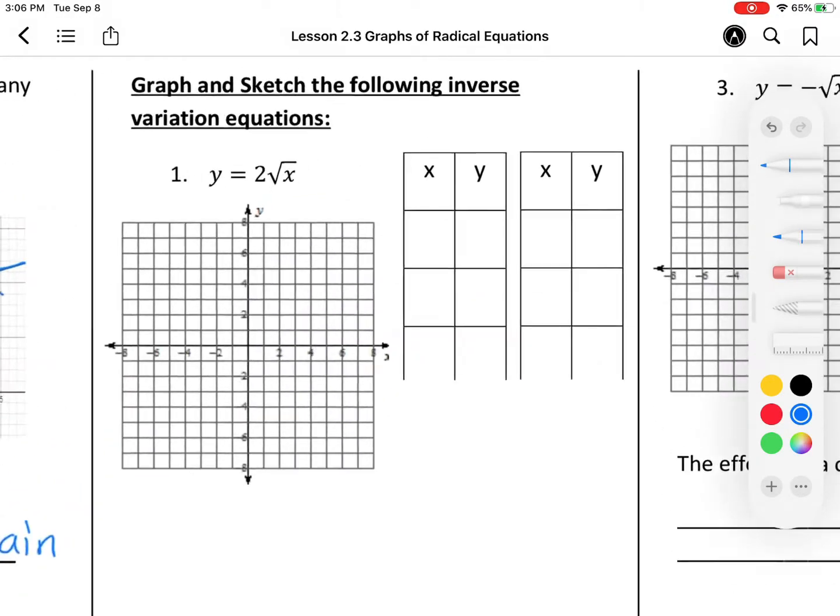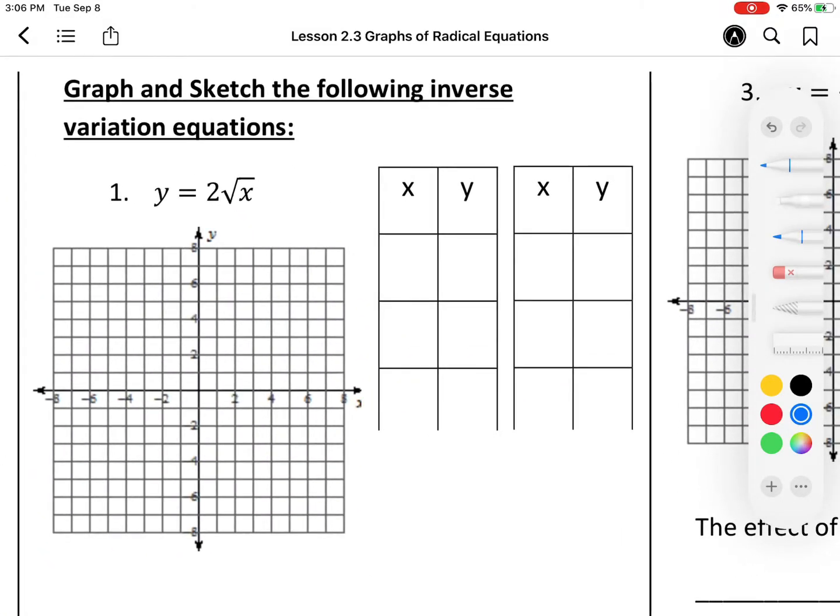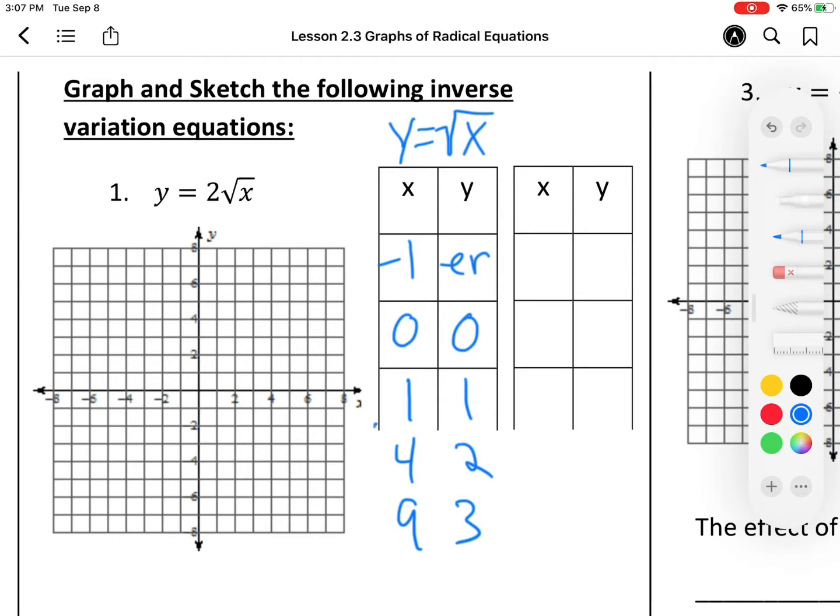So let's look at number 1. And in number 1, we're first going to deal with our parent function, which is -1, 0, 1, 4, and 9, error, 0, 1, 2, 3. With this, we can see that we have a 2 on the outside.